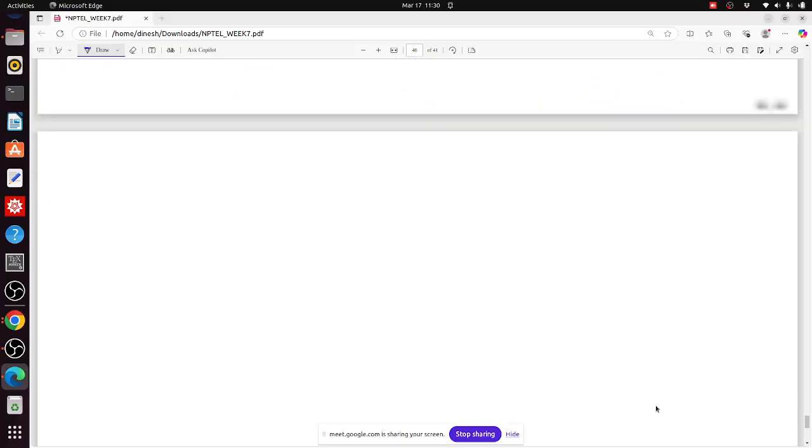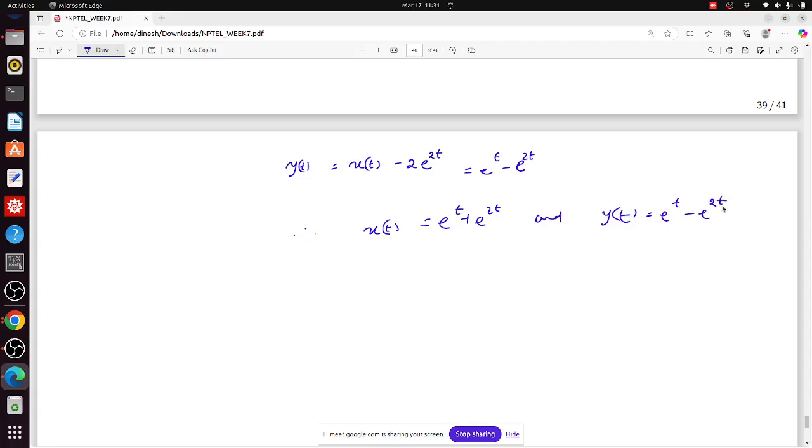And we will get y(t) is equal to x(t) minus 2 e power 2t, which is e power t minus e power 2t. Therefore x(t) is equal to e power t plus e power 2t, and y(t) is e power t minus e power 2t.